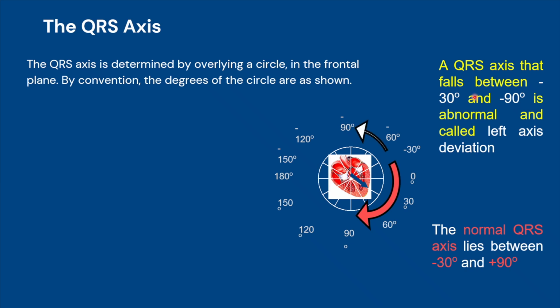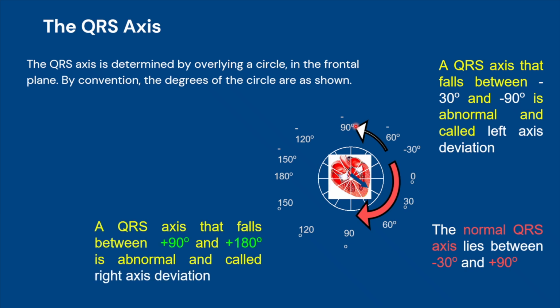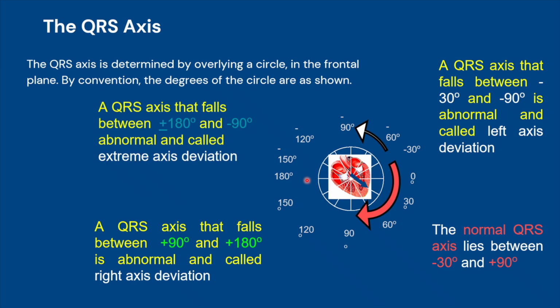A QRS axis that falls between minus 30 degrees and minus 90 degrees, we call left axis deviation. A QRS axis that falls between positive 90 and positive 180 is right axis deviation.